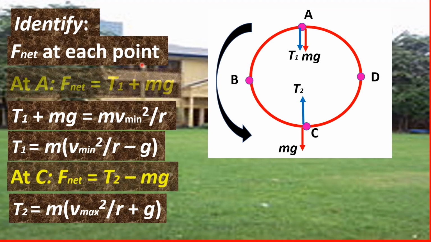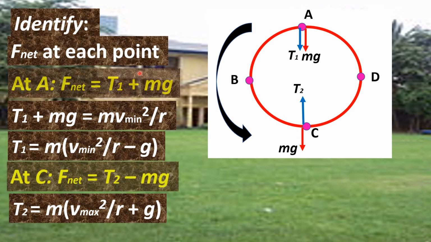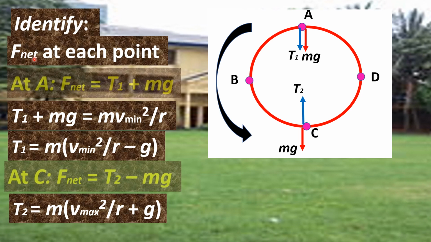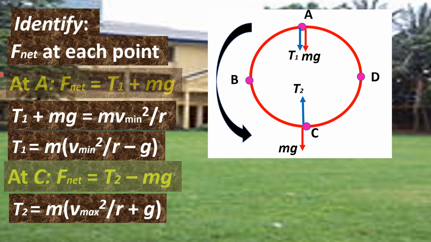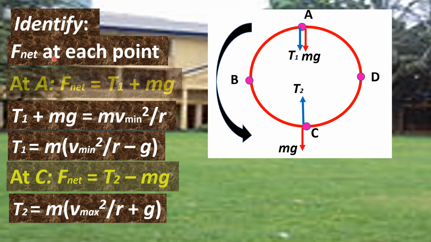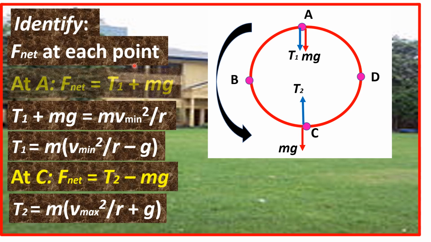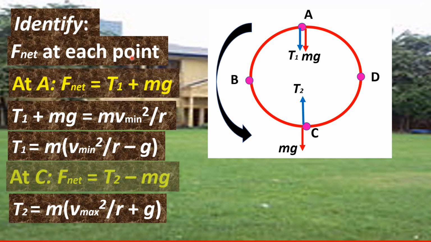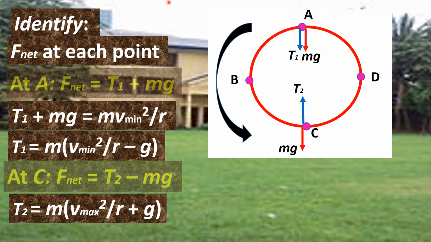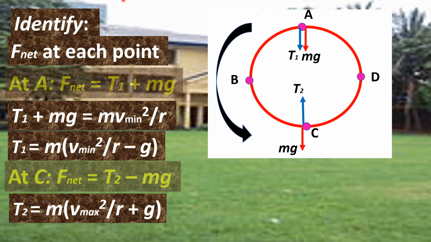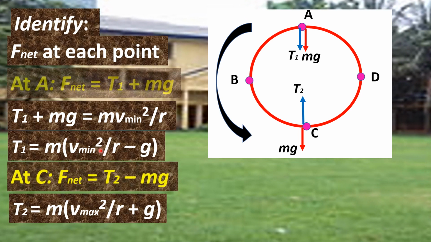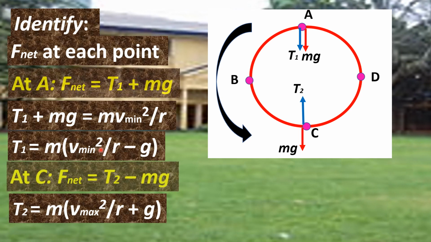Right. The answer is, of course, T sub 2 is greater than T sub 1. Why? Well, because for T sub 2, all right, we are multiplying the mass of the ball by the maximum tangential speed, V max. Whereas in the case of T sub 1, we are multiplying the mass by the minimum tangential speed.